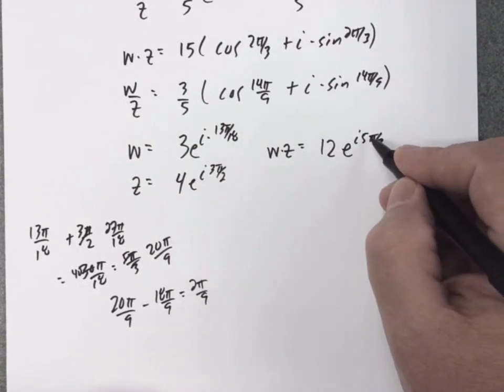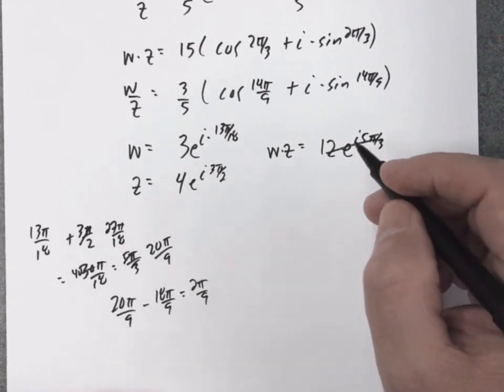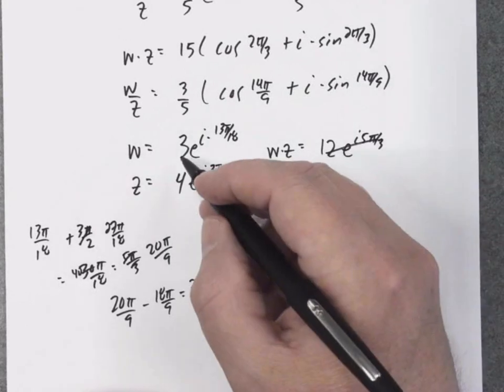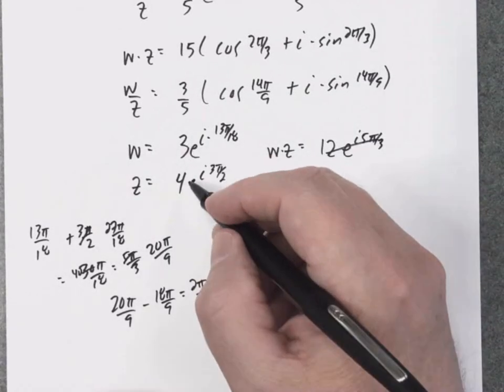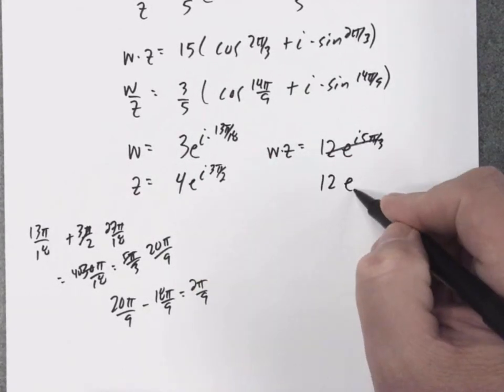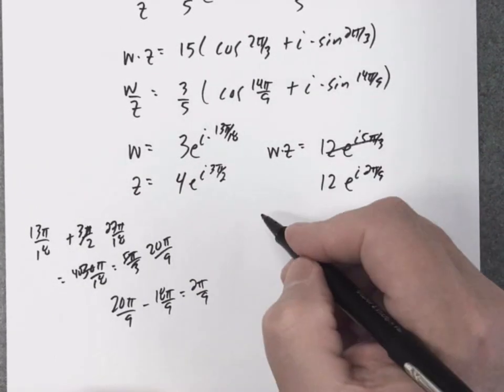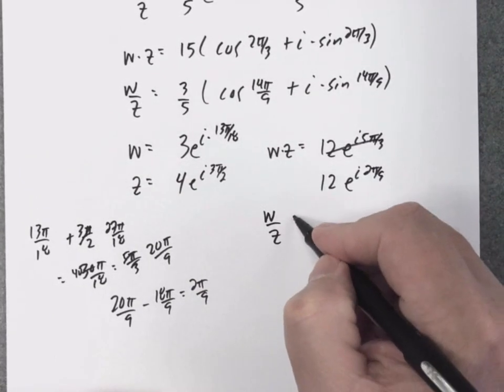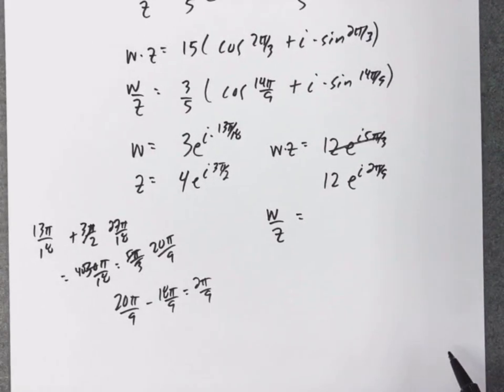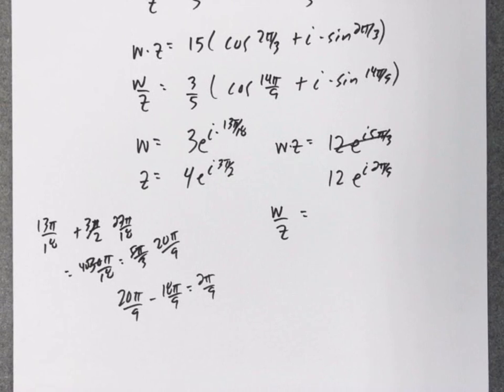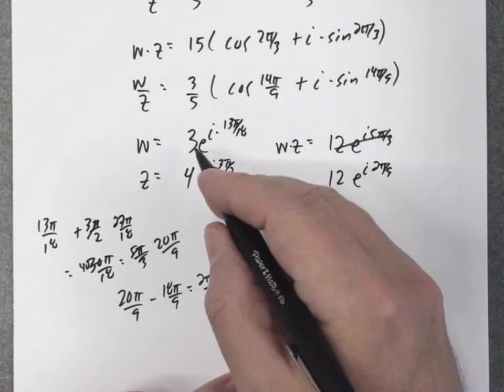So 4 times 3, 12 e to the i 2 pi over 9. Now dividing, so even as teachers, try to be careful with your math. It gets all of us.